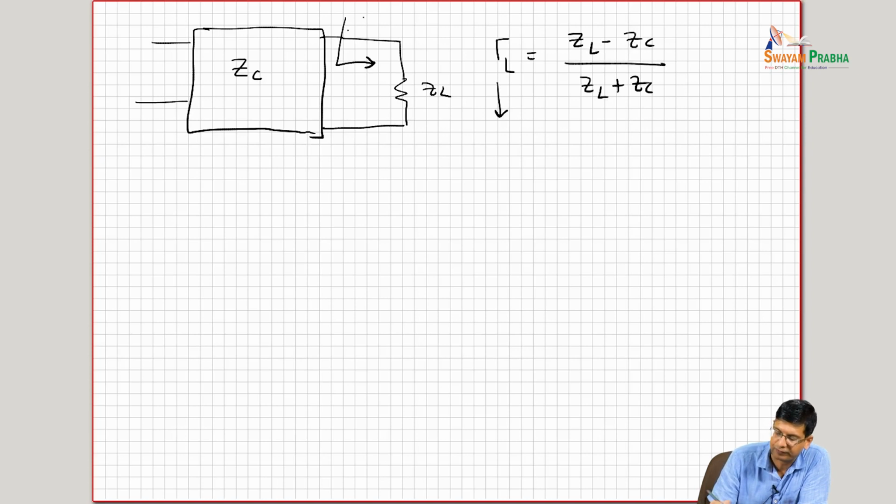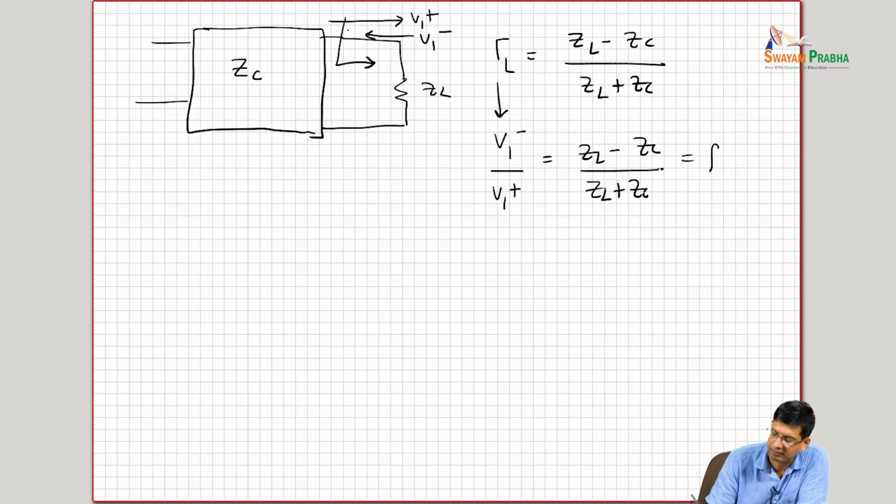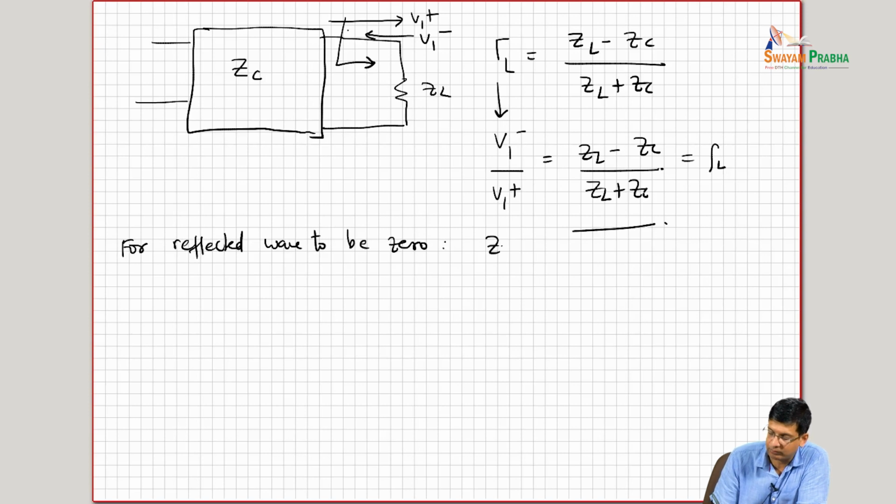And this reflection coefficient basically is the ratio of, if I call this direction wave V1 plus and this direction wave V1 minus, I basically get V1 minus by V1 plus to be ZL minus ZC by ZL plus ZC, right? This is gamma L. So if I want basically for the reflected wave to be 0, I need to make sure that ZL is equal to ZC, right?